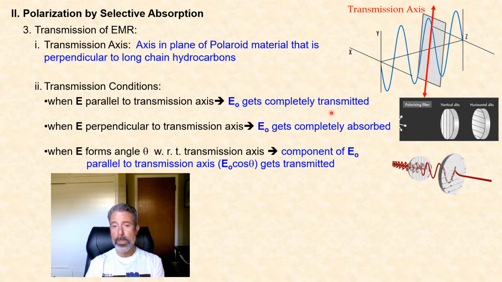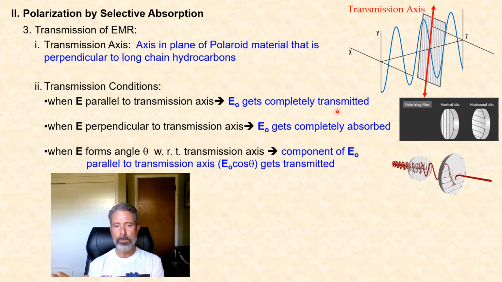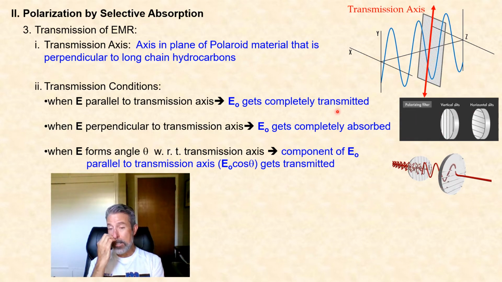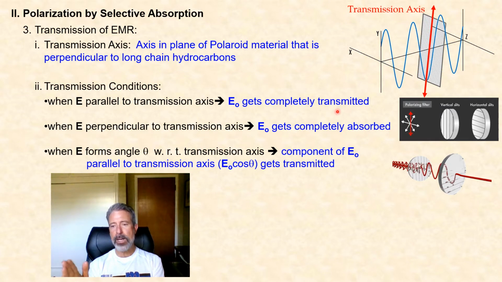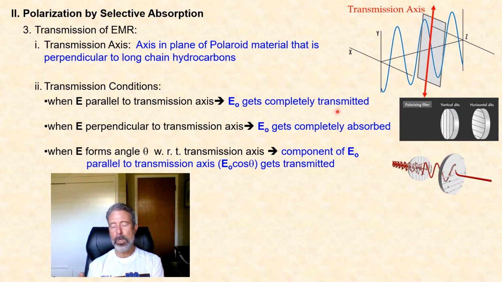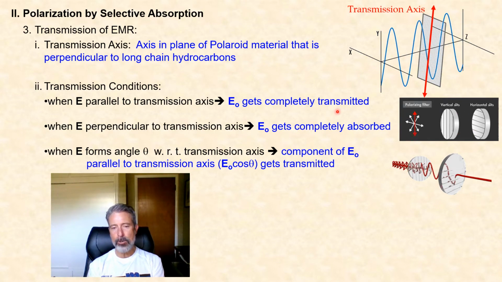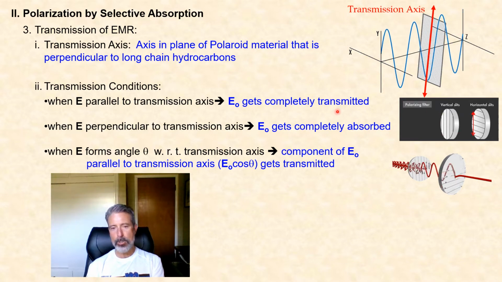In that case, we can say that the component of that electric field that is parallel to the transmission axis, given by E cosine theta, gets transmitted. Remember, when we talk about the projection of a vector onto a specified coordinate axis, that's what you get when you take the vector times the cosine of its angle with respect to that axis.